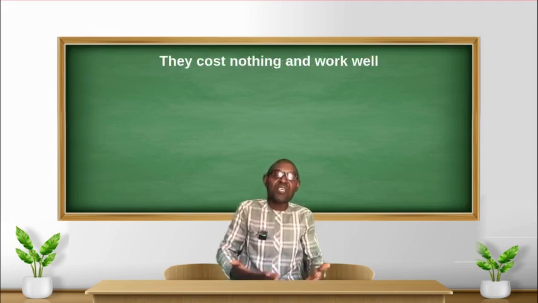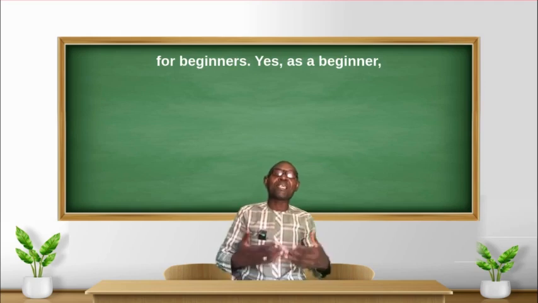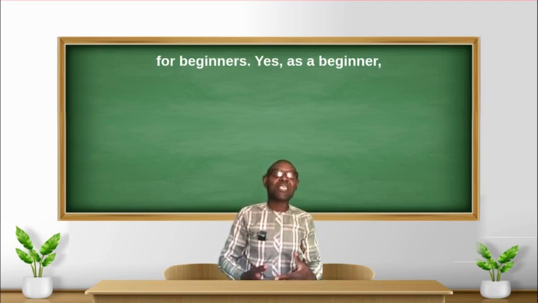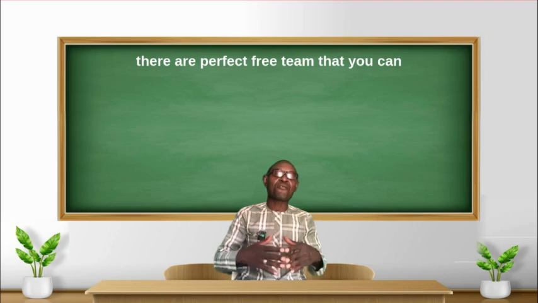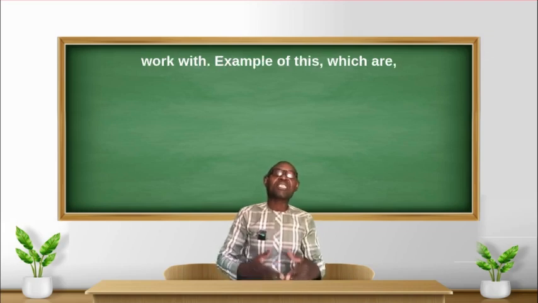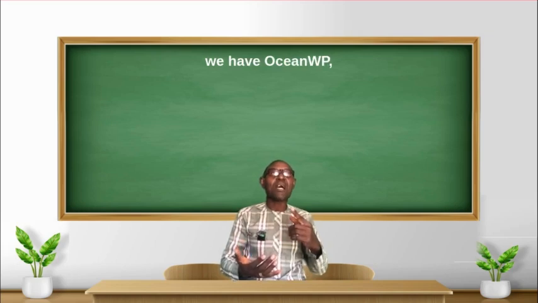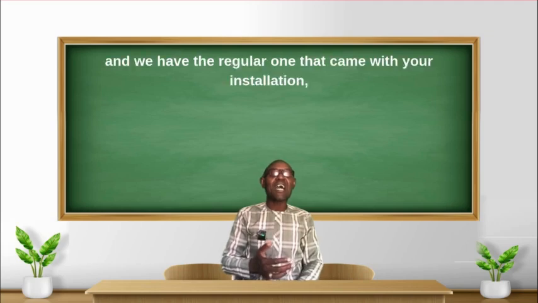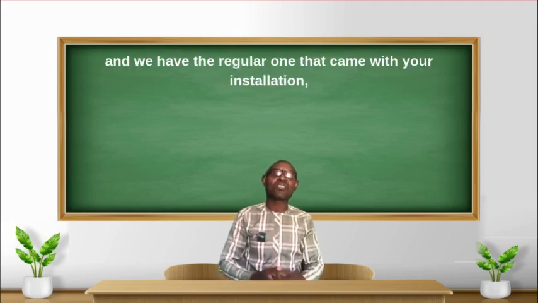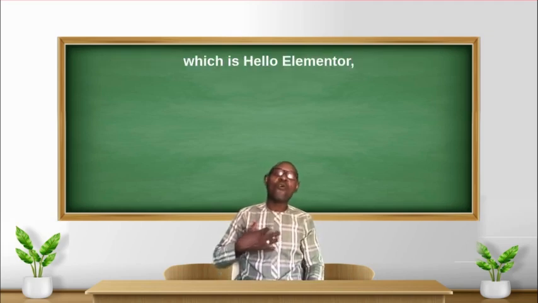They cost nothing and work well for beginners. Yes, as a beginner, there are perfect free themes that you can work with. Examples are Astra, OceanWP, Blocksy, and the regular one that came with your installation, which is Hello Elementor.